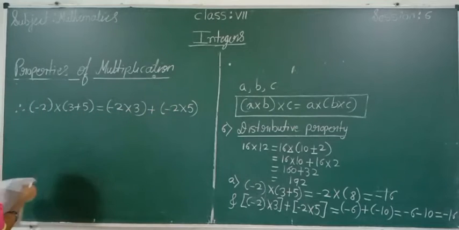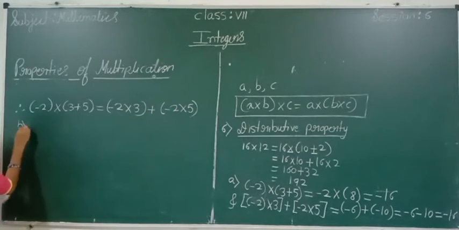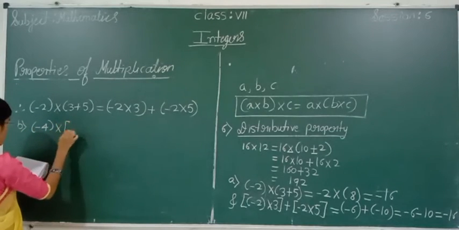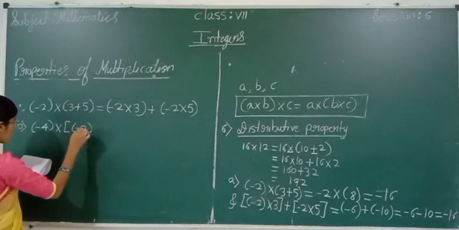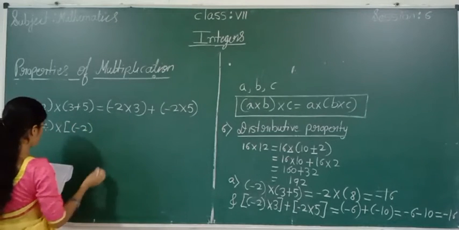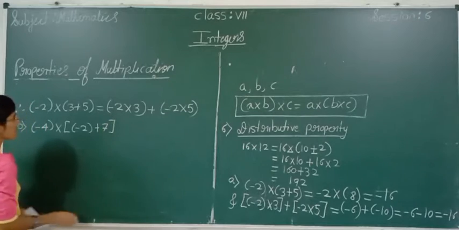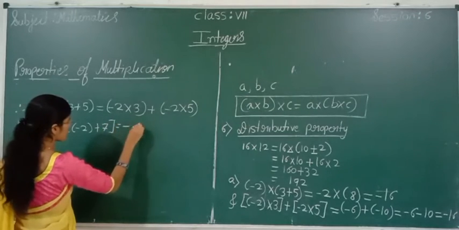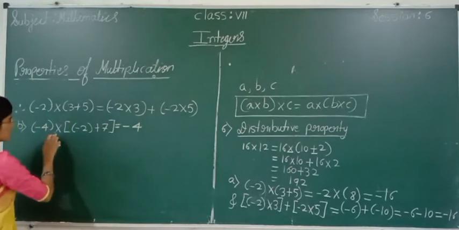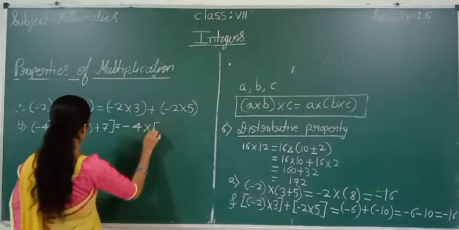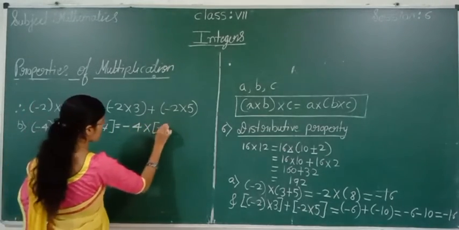Okay, we will take one more example. We will check whether the answer comes the same for different integers also or not. Minus 4 into minus 2 plus 7.